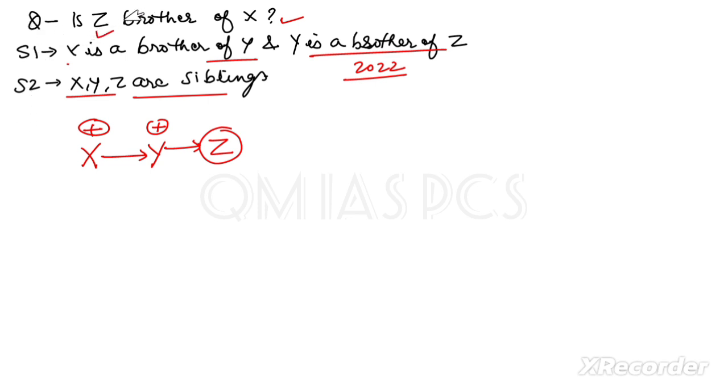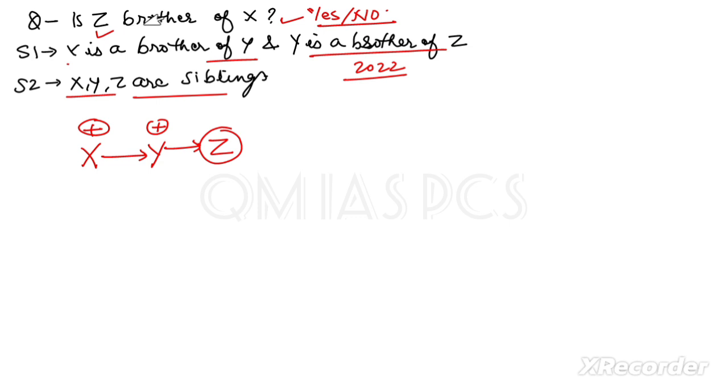The question is whether Z is a brother of X or not. So the answer should be yes or no. But here Z can be a brother or can be a sister. If there is any confusion in the question, like if we are getting yes, then we are getting the answer from both statements. If we are getting no, then also we are getting the answer, because the question is asking whether Z is a brother or not.